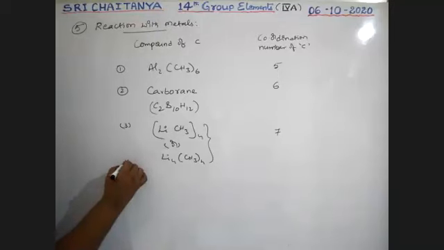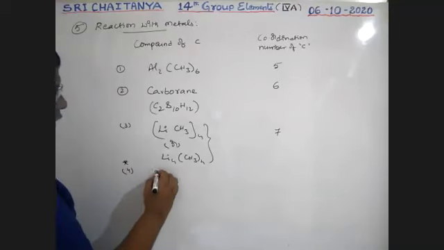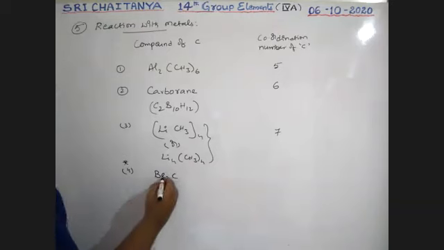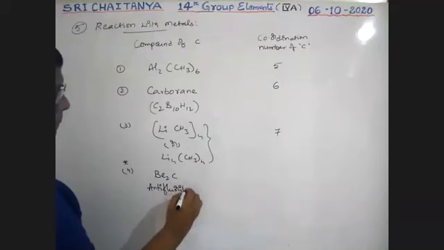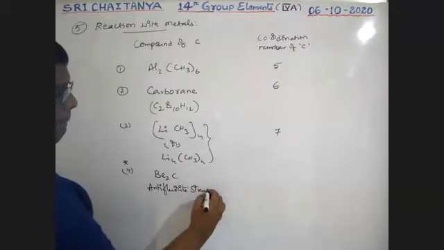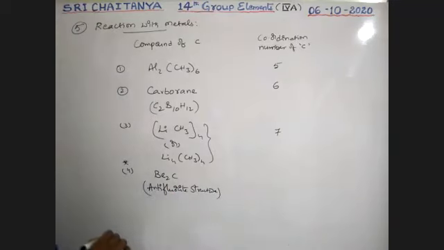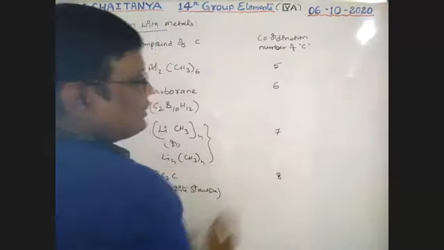Boys, it is very important. That is Be2C, beryllium carbide. It has an anti-fluorite structure. Here the carbon coordination number is 8.